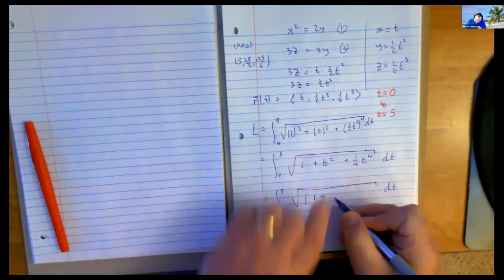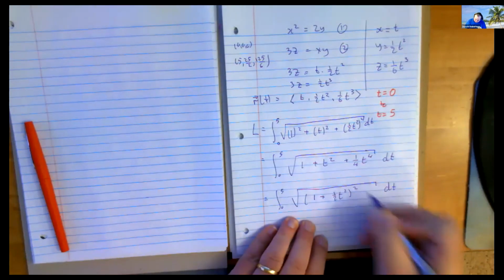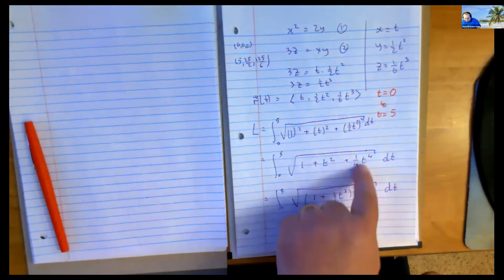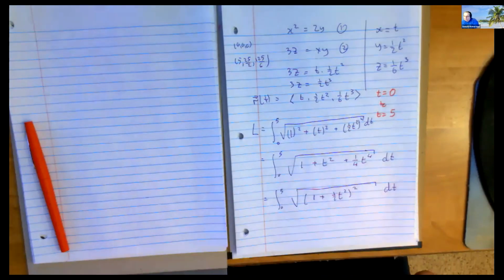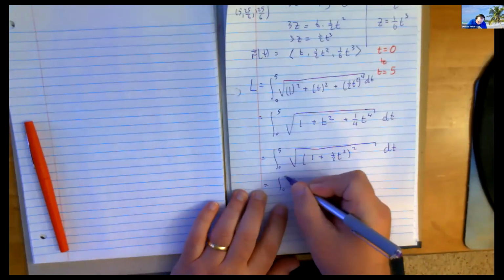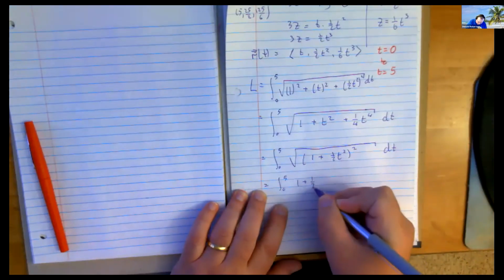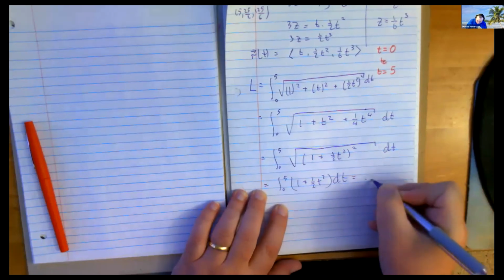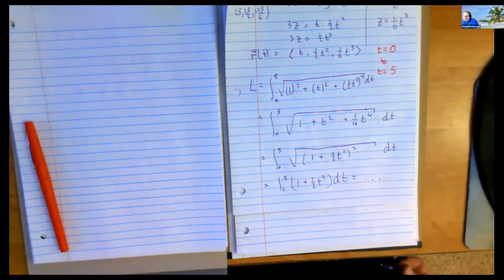And won't this guy get me a half t squared? You can check that out, but that guy is this guy. Perfect square. And that's going to be giving me the integral of that guy. And then you finish it in the usual way.